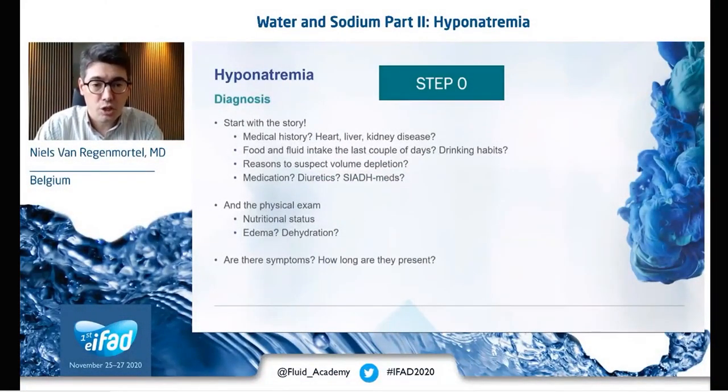Is there medication? Especially, are there medications that are associated with the syndrome of inappropriate ADH secretion, or is there diuretic use? And of course, perform a physical exam in which there is specific attention for the nutritional status of the patient, for edema, and for dehydration.